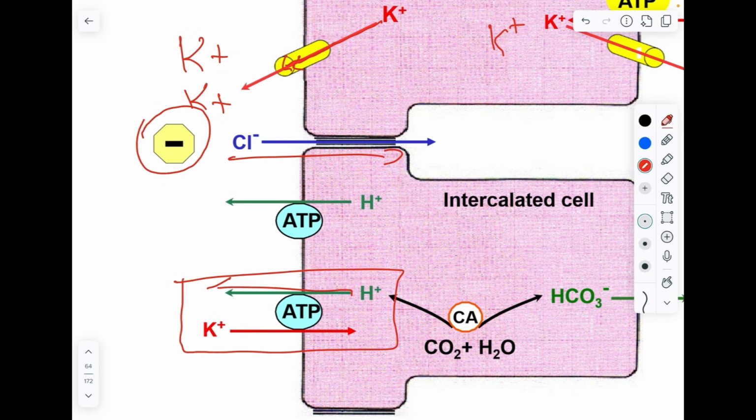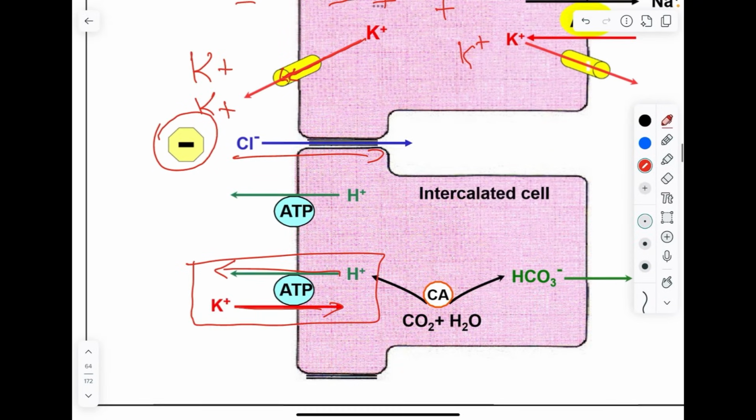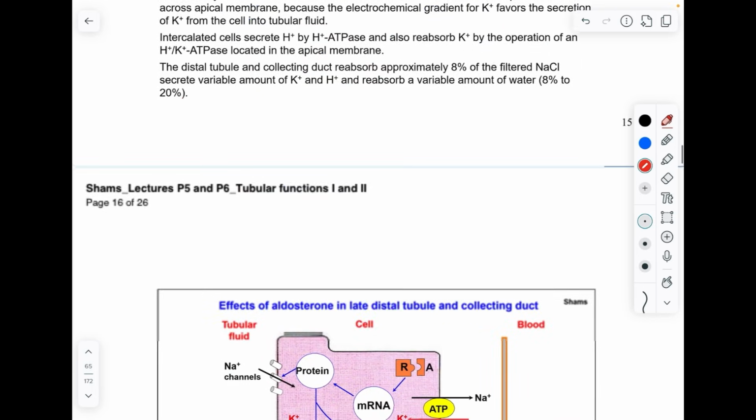Okay, so H plus is going out in exchange for potassium going in. And also we have here a transporter that uses ATP to pump H plus. It's just a pump to pump H plus outside. In case we have, let's say, acidosis and we want to get rid of acid, we can use this transporter.